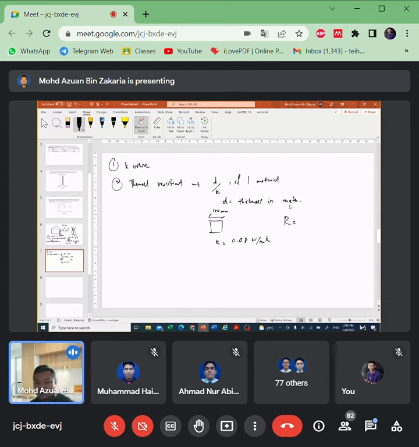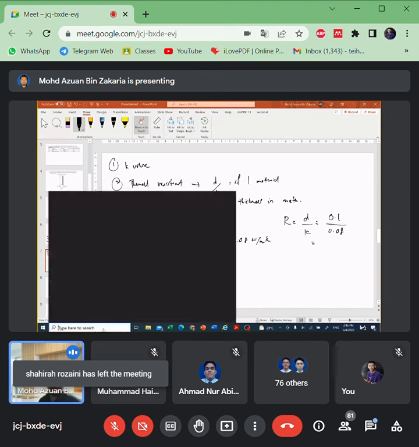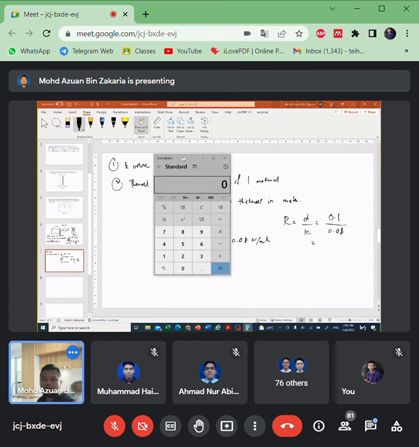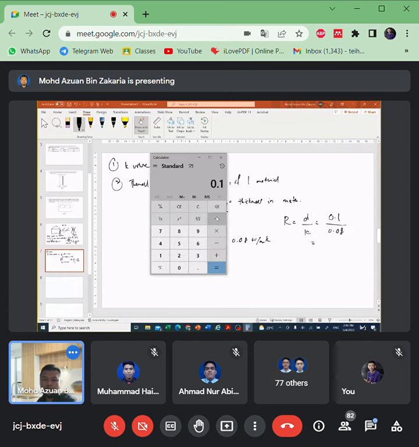Our thermal resistance is D over K, converting to meters, 100 millimeters is 0.1, divided by 0.08. Using the calculator, 0.1 divided by 0.08, we can get 1.25.